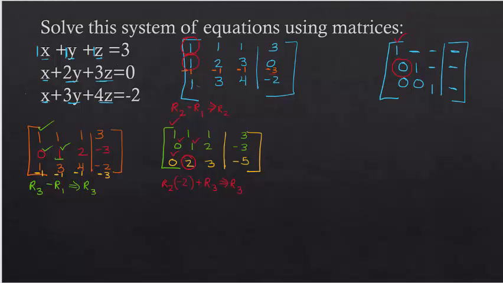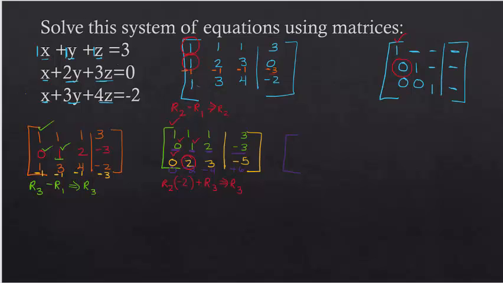All right, I'm sorry, we're doing the second row. 0 times -2 is 0. 1 times -2 is -2. 2 times -2 is -4. And -3 times -2 is +6.